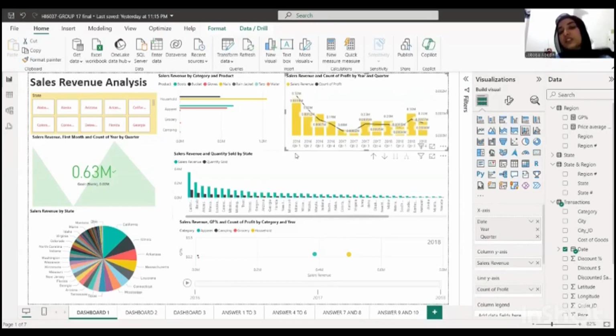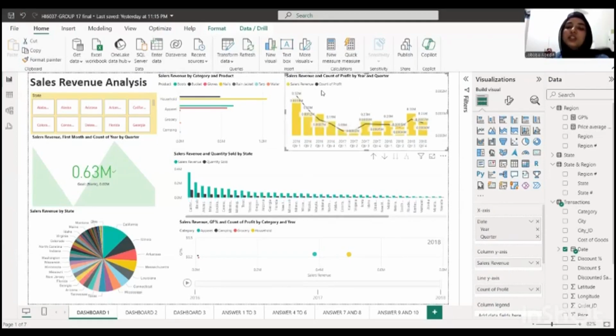We can see in 2016 first quarter, the sales revenue was the highest and the profit was the highest, which is sales revenue was 0.52 million and profit was 0.0018 million. Where we can see in 2017, the sales revenue was the least, which is 0.0078, and the profit was even lesser, which was 0.0002 million.